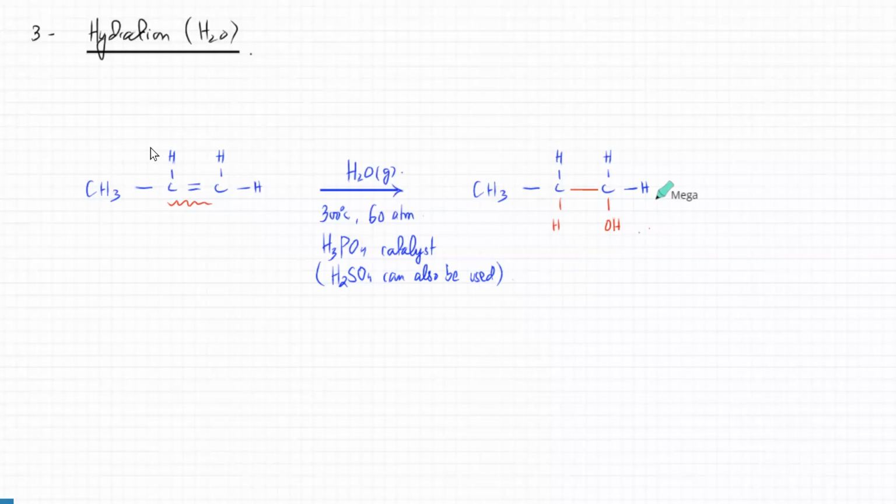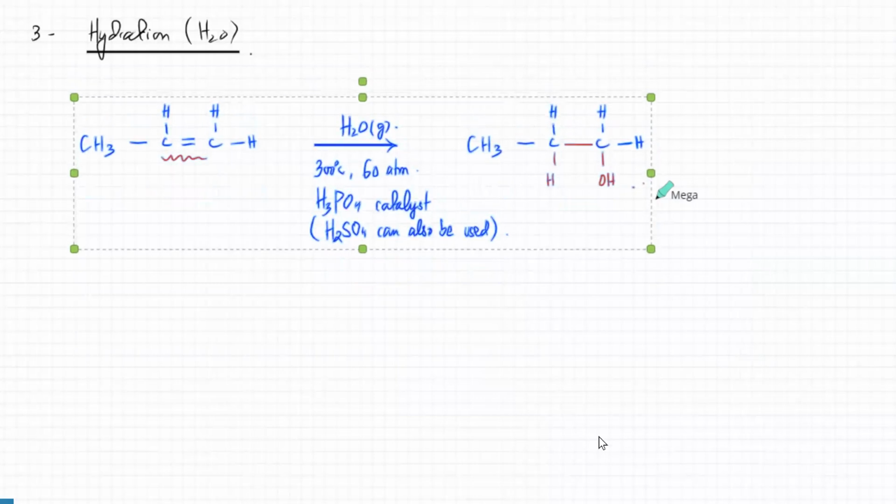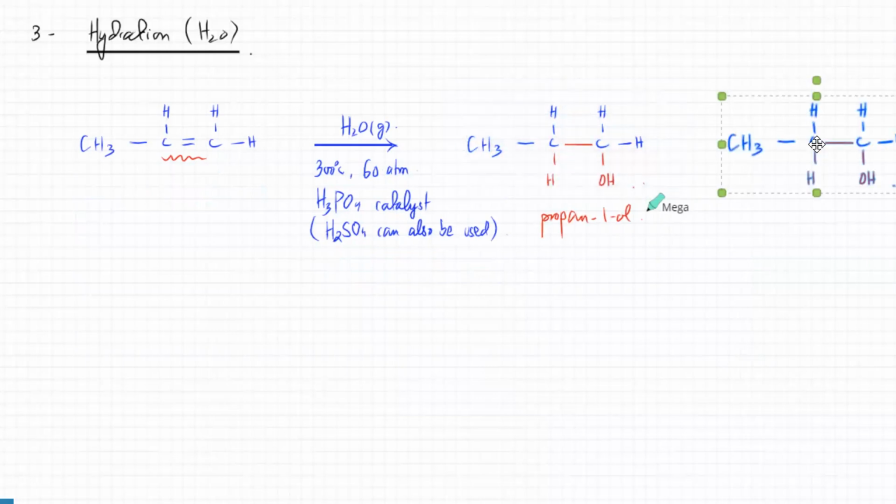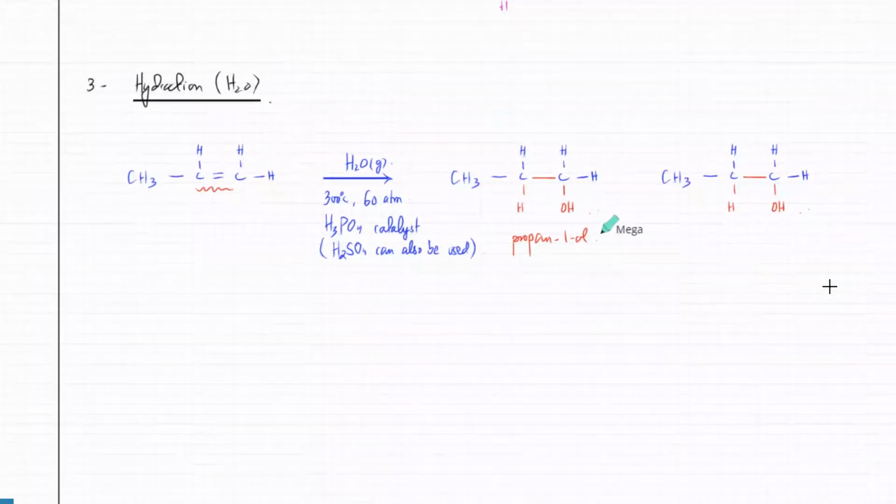Anyways, you've got an alcohol forming. Now there's a problem with this one, and that is that this molecule, the one that I've drawn, where I've added an H and OH, is propan-1-ol. It's an alcohol that is produced. There's going to be another version of the molecule as well, because the H and the OH can bond the other way around.